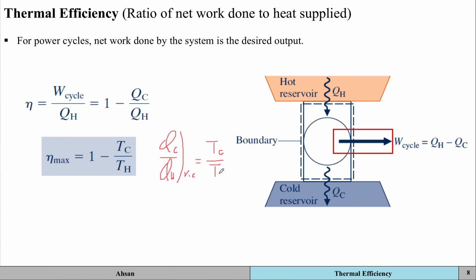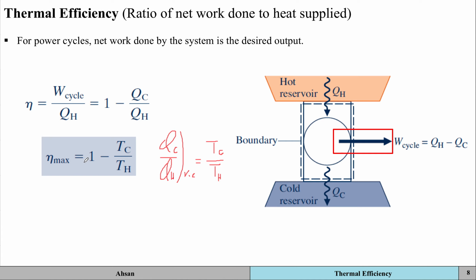T over here indicates the temperature. Tc is the temperature of the cold reservoir, Th is the temperature of the hot reservoir. So the ideal thermal efficiency of a reversible power cycle is going to be equal to 1 minus Tc by Th. 1 minus Qc by Qh is the thermal efficiency of an irreversible power cycle.